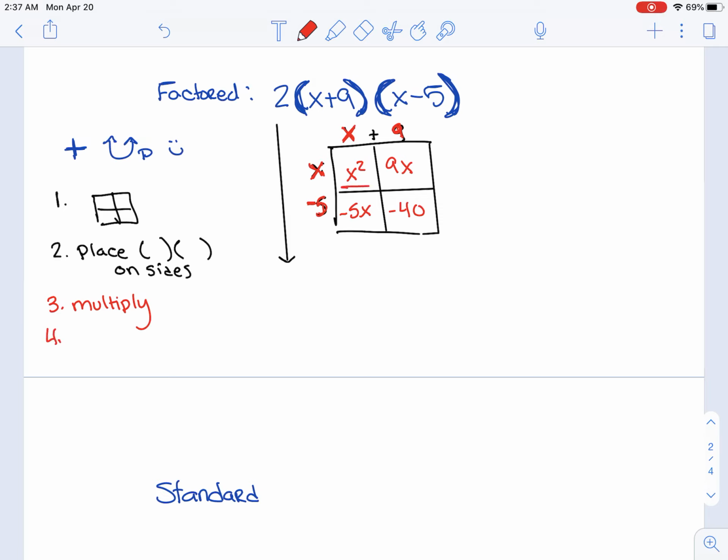So then I pull all of those out of the box to add them. X squared plus 9x minus 5x minus 45.